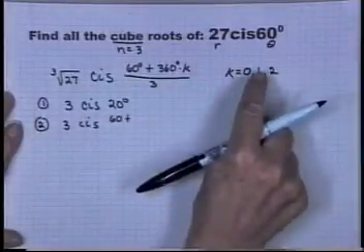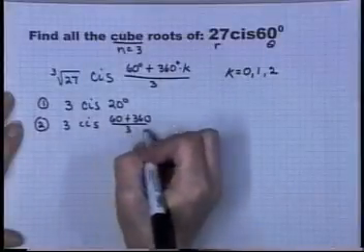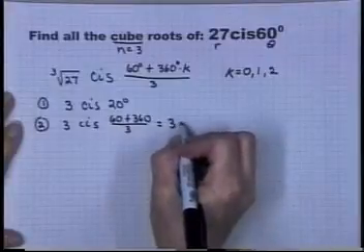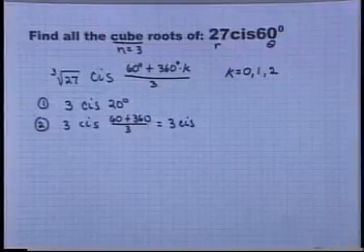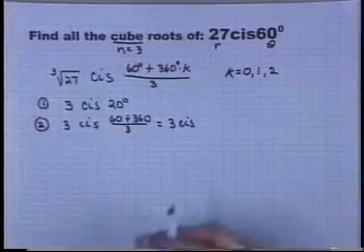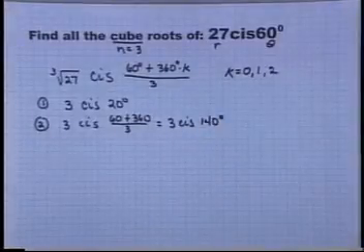I'm now letting k be 1, so I'm going to add 360 and divide by 3. So that's 3 cis. Well, let's see. 60 plus 360 is 420. I'm going to divide that by 3, and I have 140 degrees here. Everybody see how I got the 140?